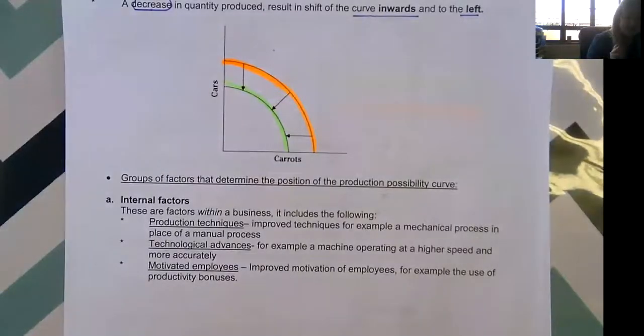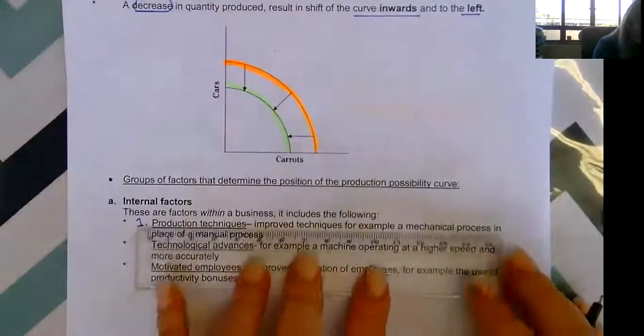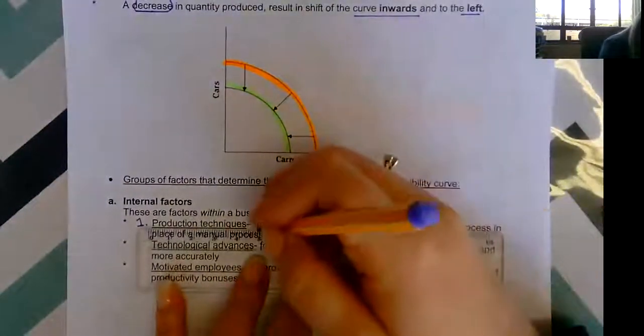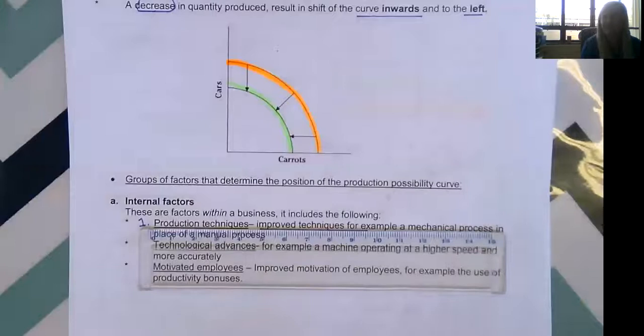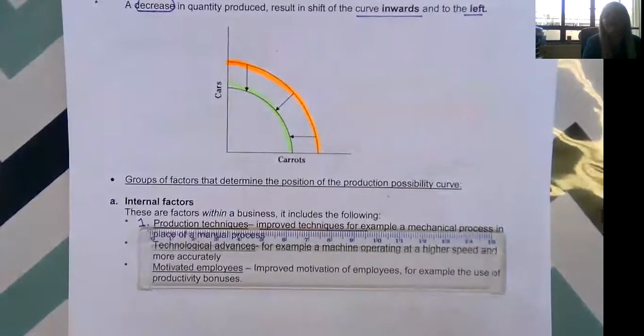So, internal reasons is the production techniques, number one. If there's an improvement in production techniques, that means you can produce more products more efficiently without wastage. So, you can produce more with the same amount of resources, right? That's improvement in the production techniques.